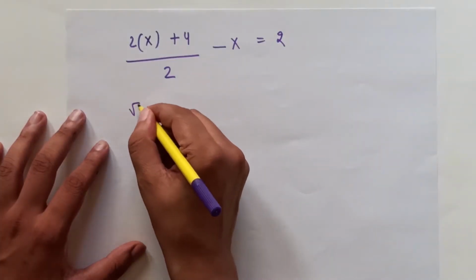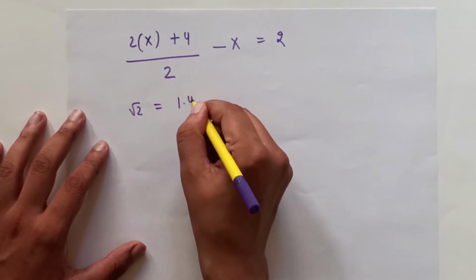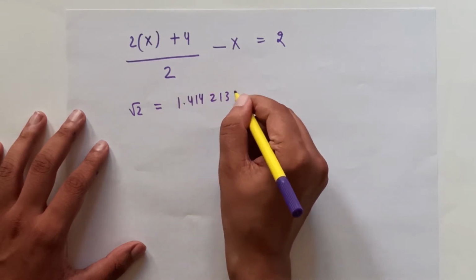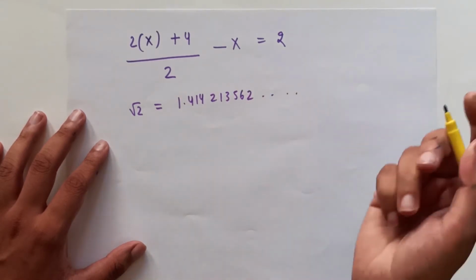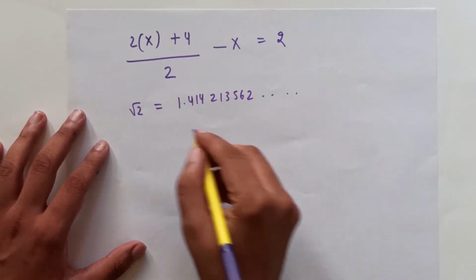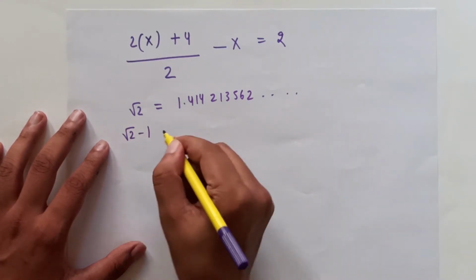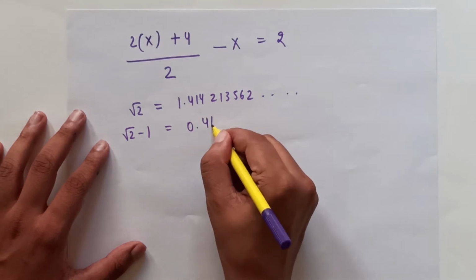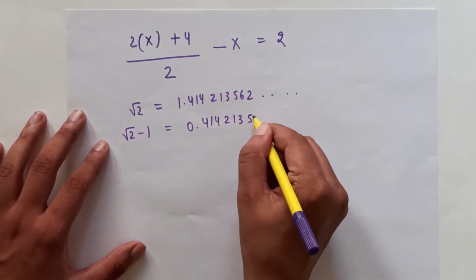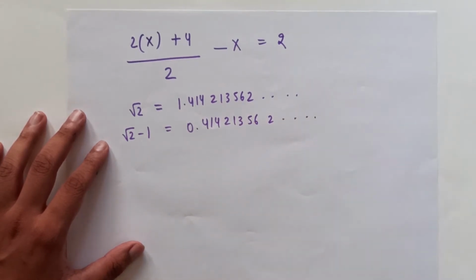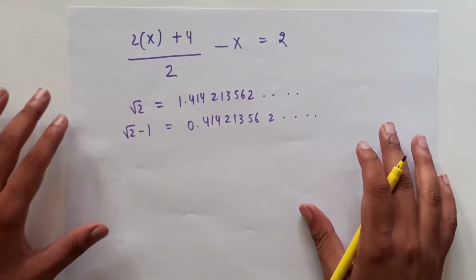Moving forward, we know root 2 is equal to 1.414213562 and so on, and is an irrational number that we have already discussed earlier. Now subtracting 1 from it, we will get 0.414213562 and so on. So for fun, let's take the reciprocal of it, or you can say invert it, and who knows where it may lead.